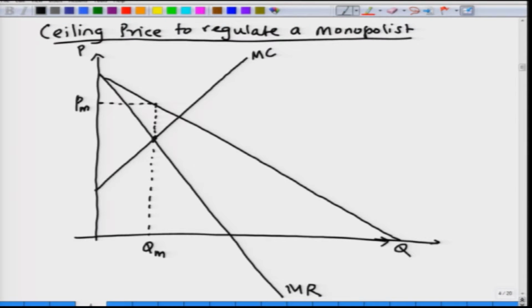Now, the equivalent competitive market condition would be a competitive output of Q star and a competitive price which is P star.